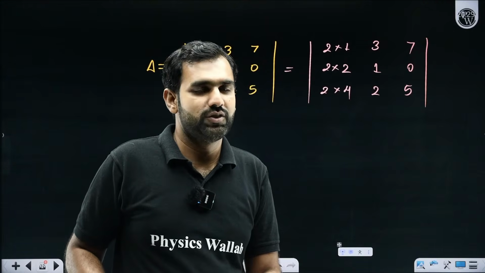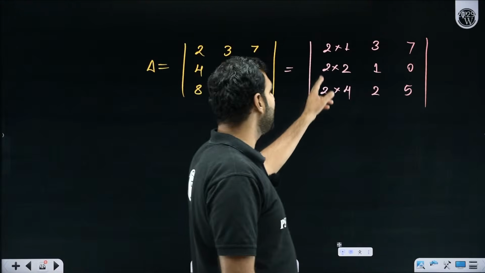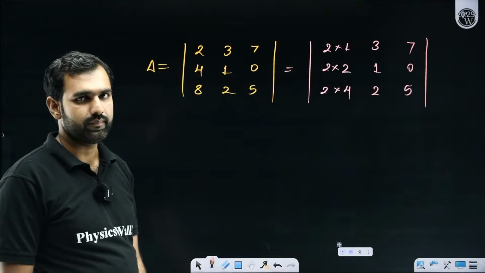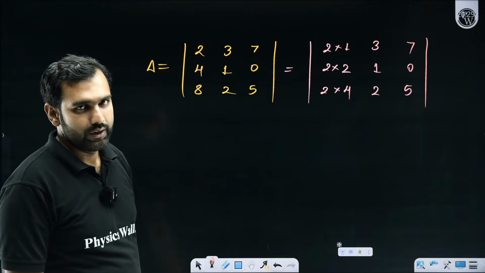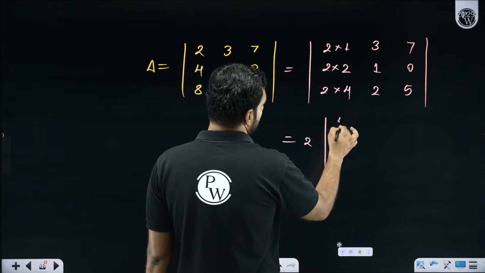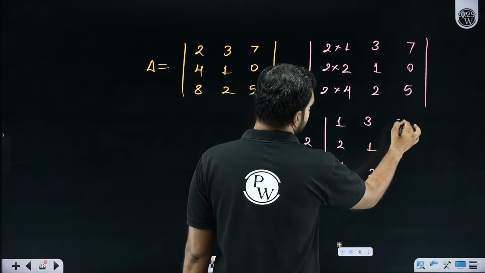Are you able to digest this property, all the participants? In determinants, you can take any element common out of any row or any column. Are you getting it or not? So here I could have taken this 2 common, which means it will be 2 times 1, 2, 4, 3, 1, 2, and 7, 0, 5.